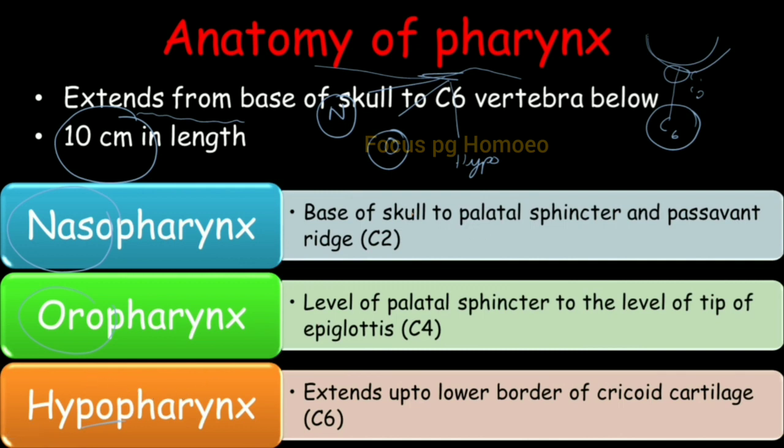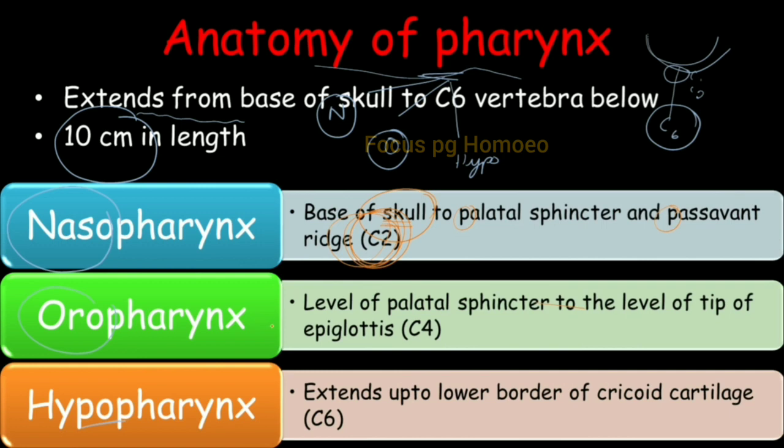As I had told, the pharynx extends from the skull. So nasopharynx extends from the base of skull to the palatal sphincter and passavant ridge, which is located at C2 level.